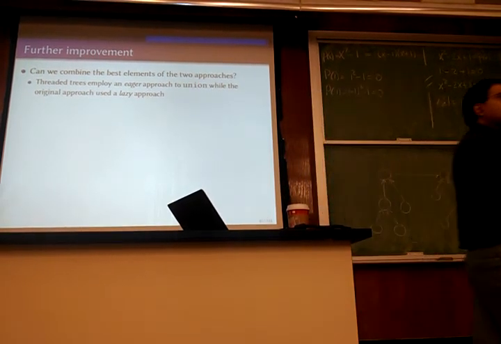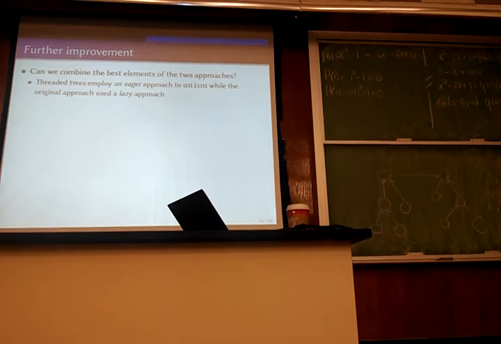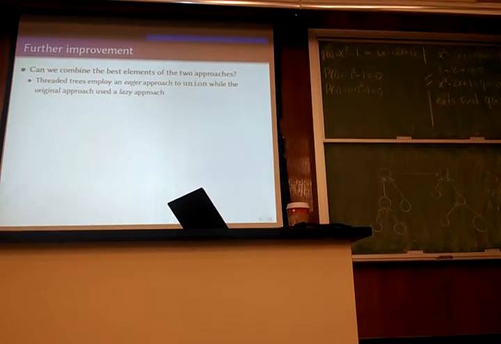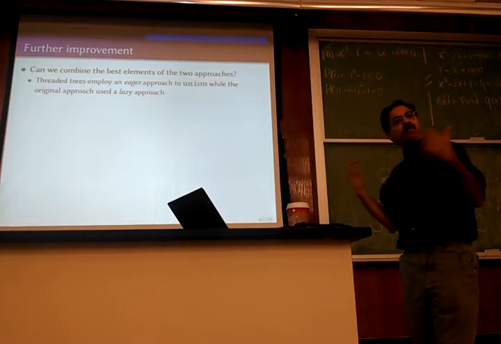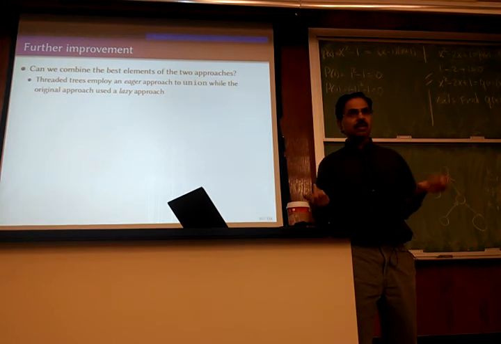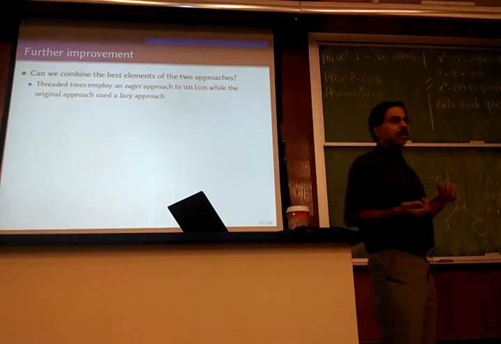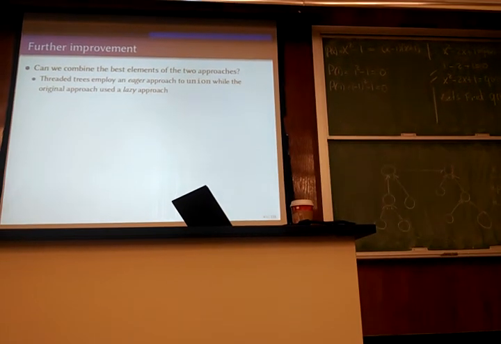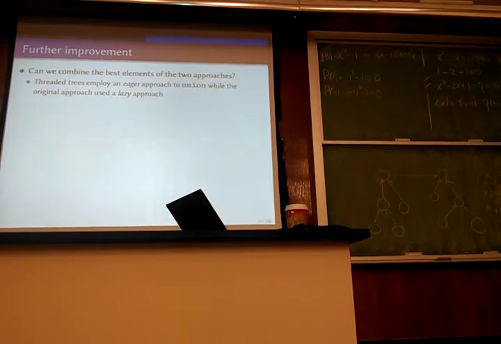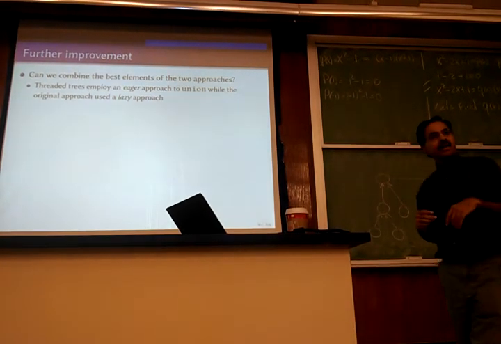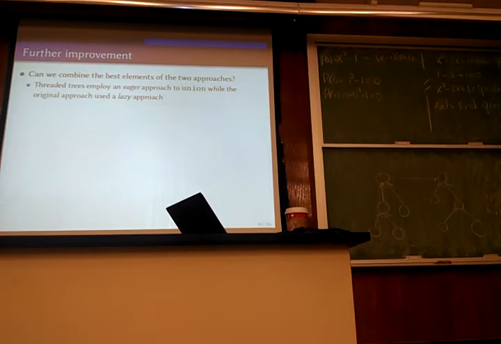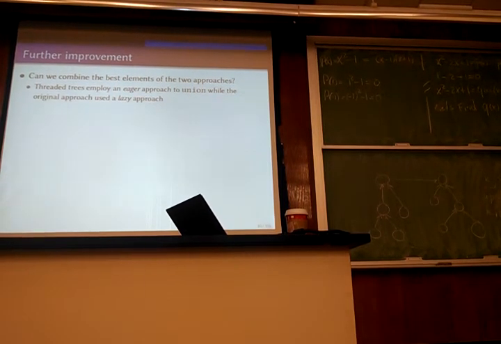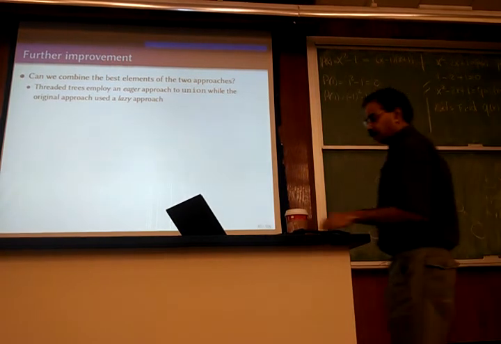The second approach is what I would call the eager approach for unioning, because when you do the union, you promote all the children to be the children of the root, therefore finds will actually be efficient, right? The original approach is what one might call a lazy union, where you just make a pointer, and then when you have to do the find, that's when you will do the work of traversing from the element to the root.